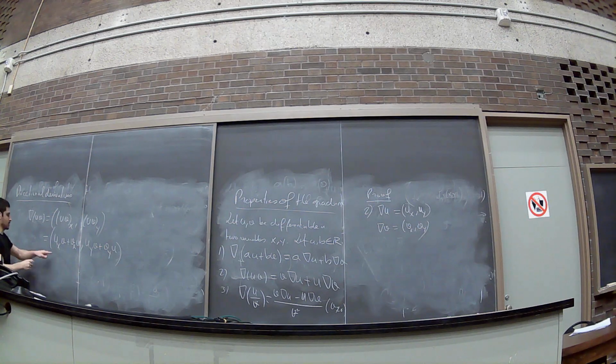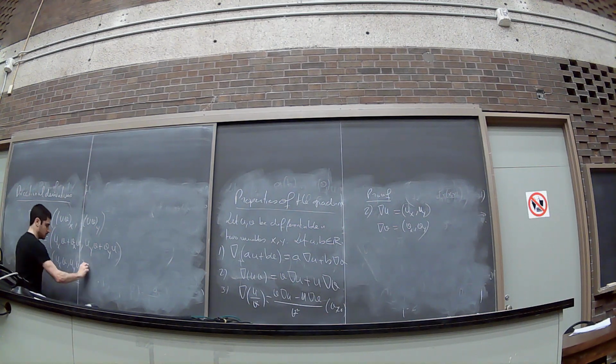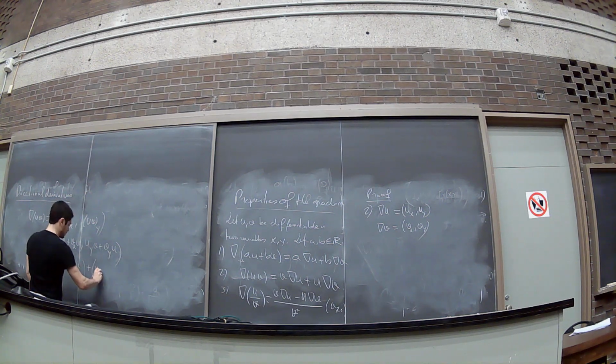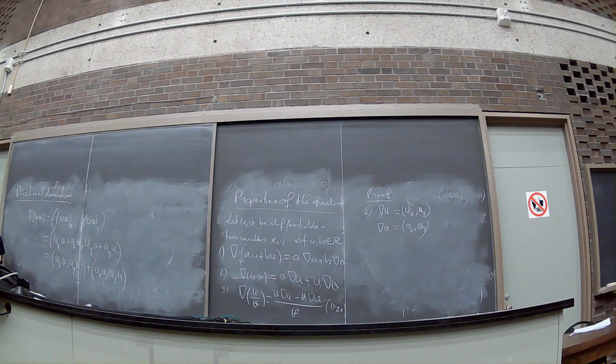Okay, now what do I do here? Notice something. I can write this as (uxv, uyv) plus (vxu, vyu), right?